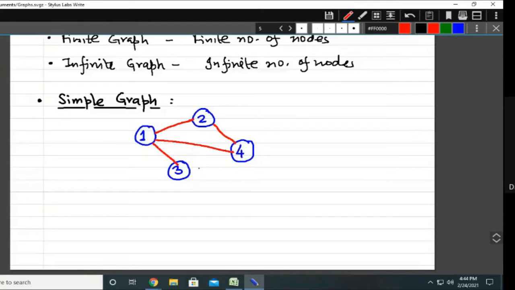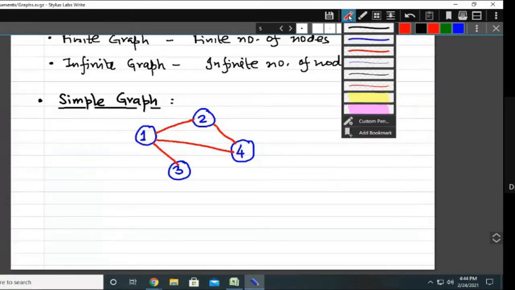But if you draw one more edge connecting 1 and 3, this is not going to be a simple graph. So multiple edges are not allowed in a simple graph. One edge can connect at most two nodes. That is what a simple graph is.